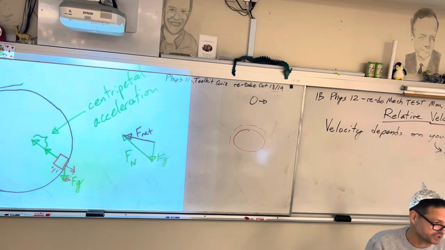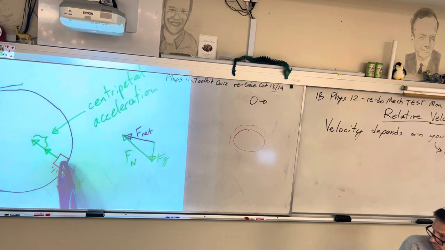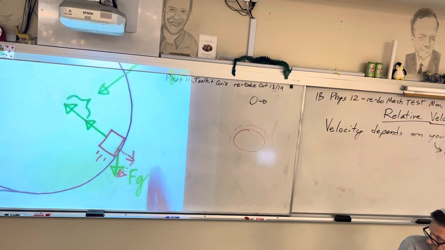What's going to happen here? It's going to decrease, right? Because if normal force, let me focus in on this bit. If our normal force is just equal to this, that means that you should actually be decelerating in that tangential direction.